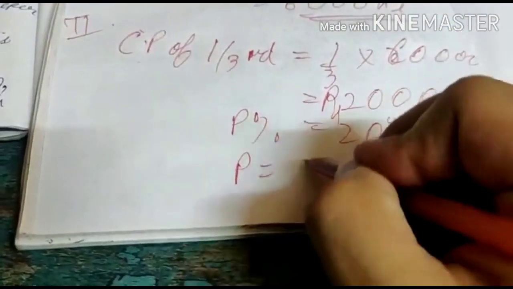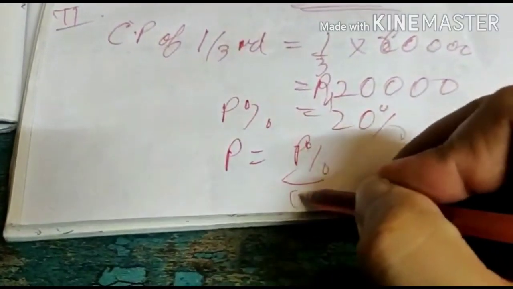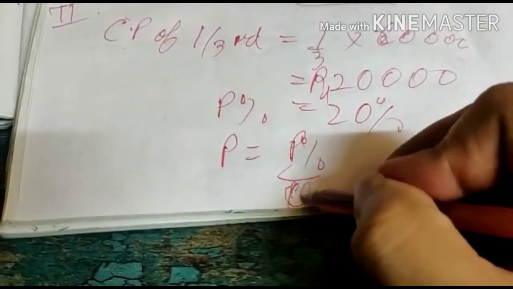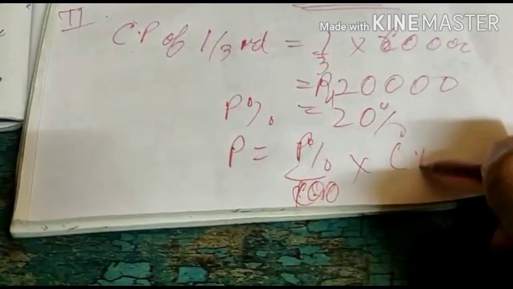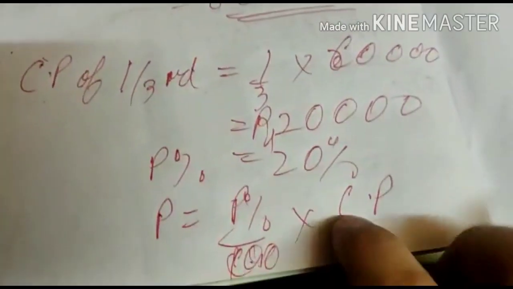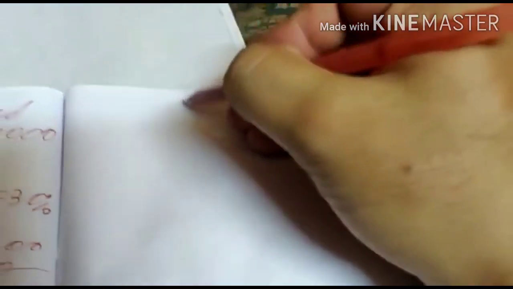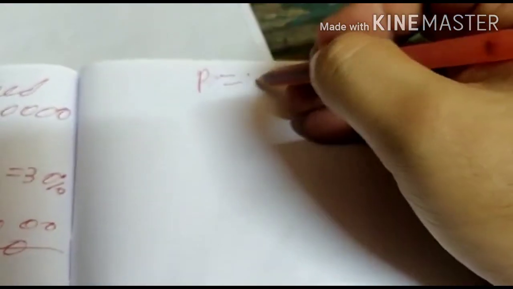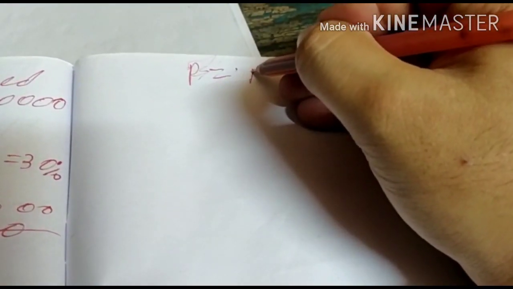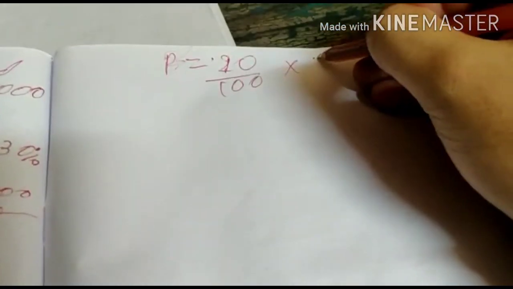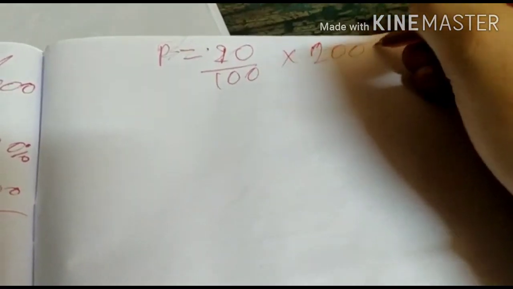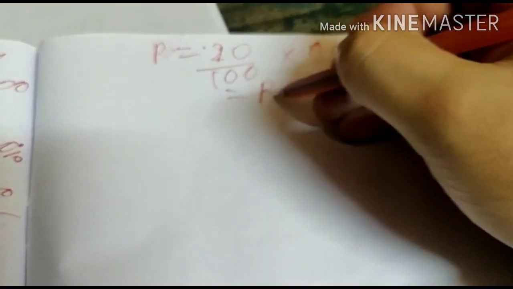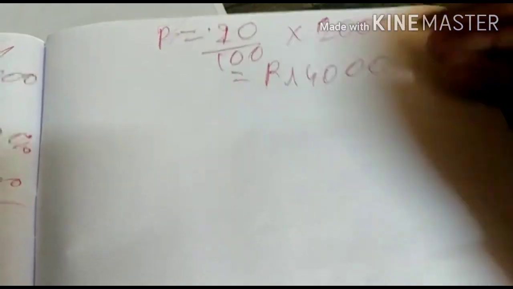So profit will be equal to profit percent upon 100 into CP. So here profit percent is 20, CP is 20,000, and upon 100. So his profit will be 20 upon 100 into 20,000. It will come to rupees 4,000.